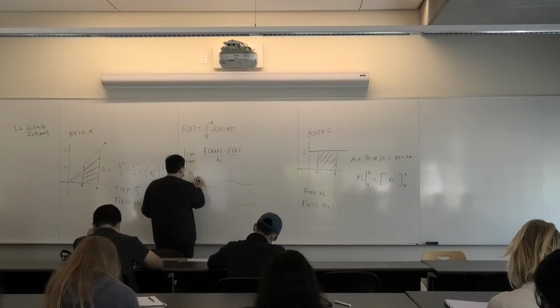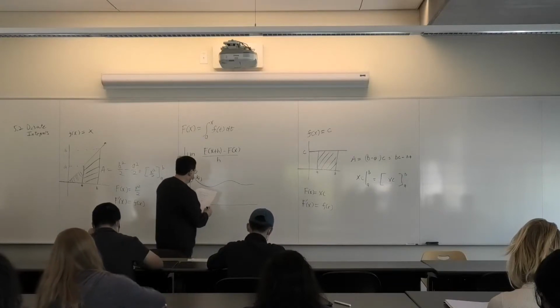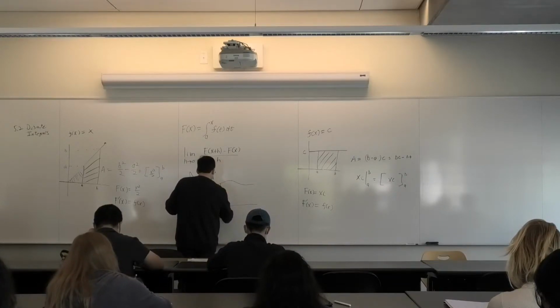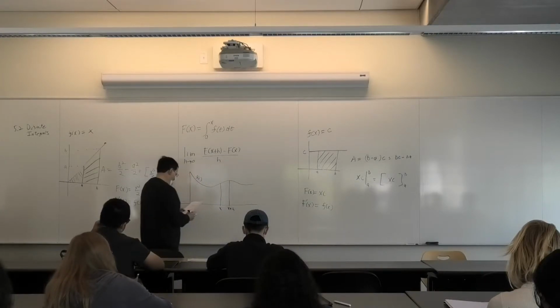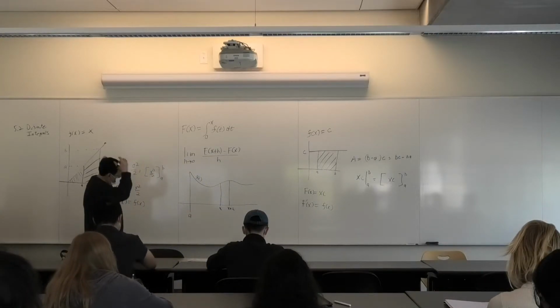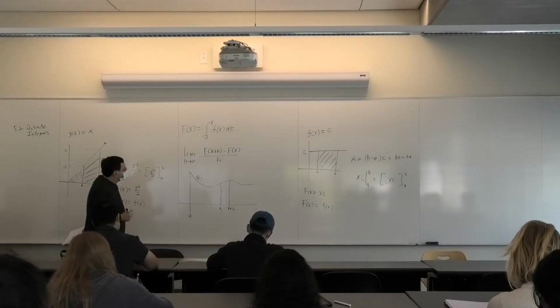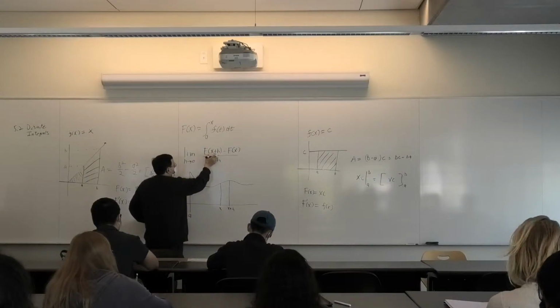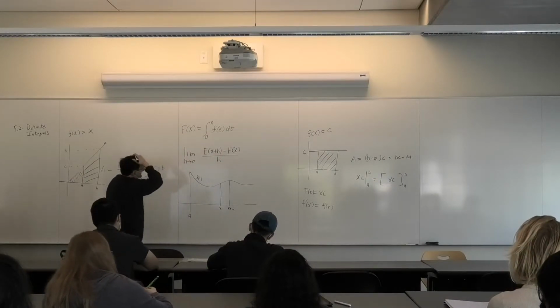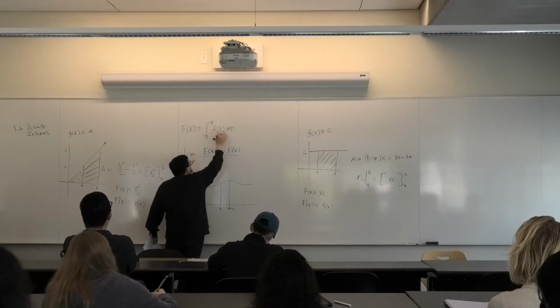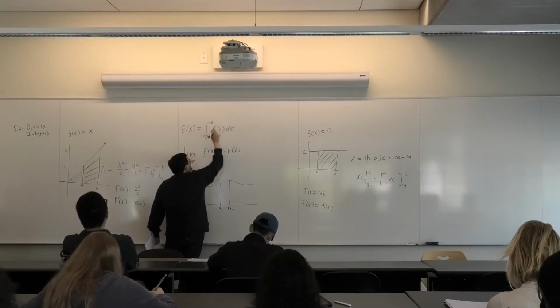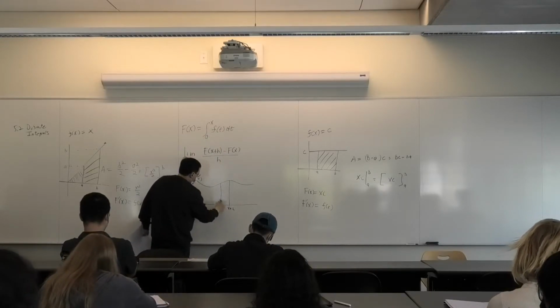And we have our function f of x. And we have some point here, x. And a little further down, we have some point x plus h. Okay. So this first capital F of x plus h is what? Well, by its definition, it's this integral, which is the area from a to, in this case, x plus h under this curve.